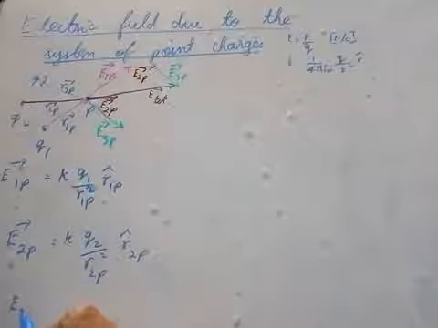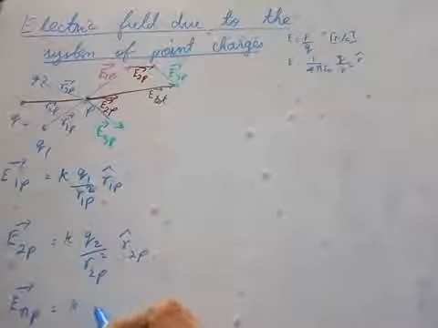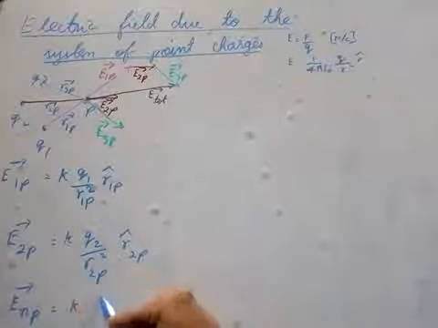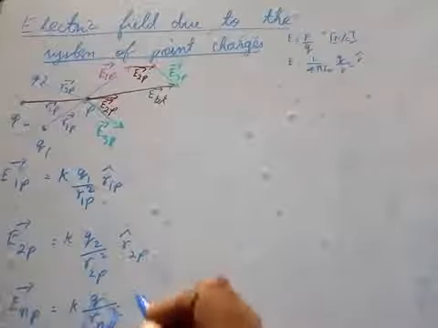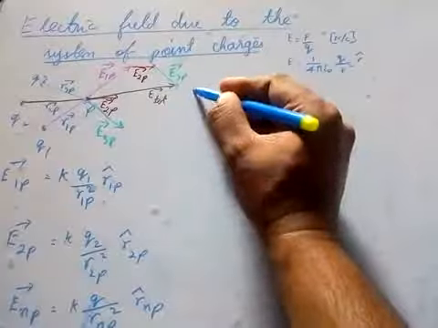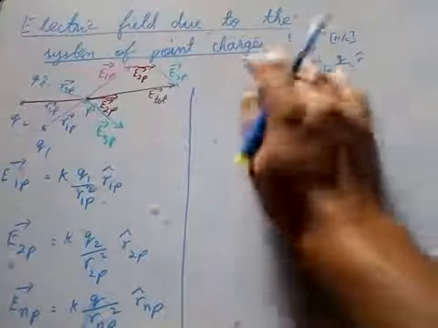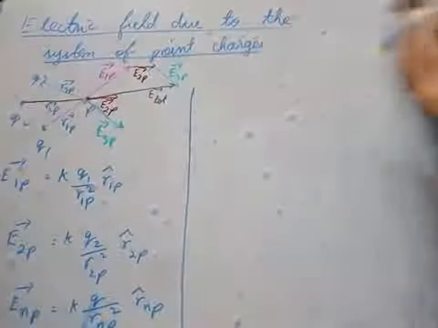We can now write ENP, the electric field due to the nth charge on the point P, as K into Qn by RNP the whole square into R cap NP. Now let's use the superposition principle. Let me rub this out on top.